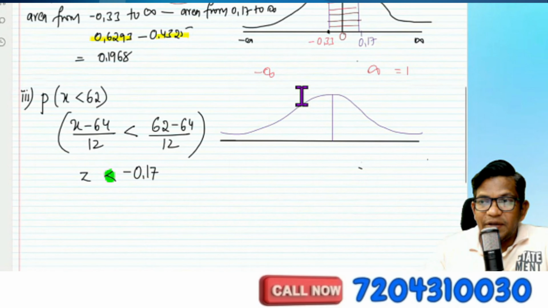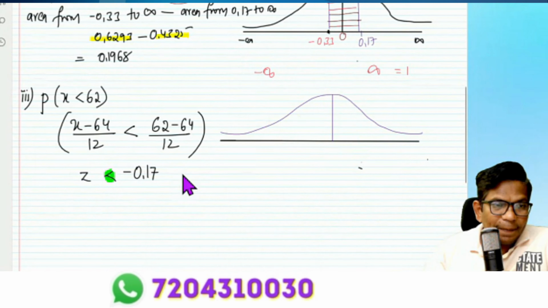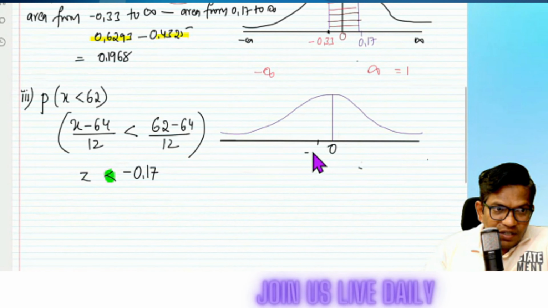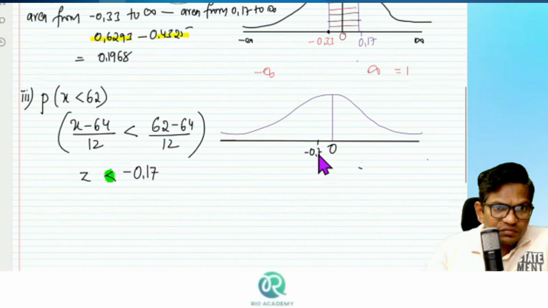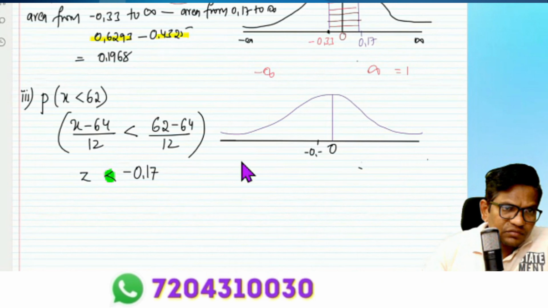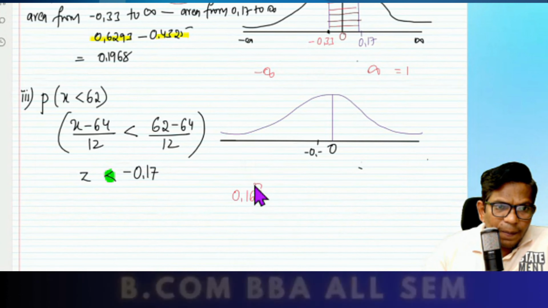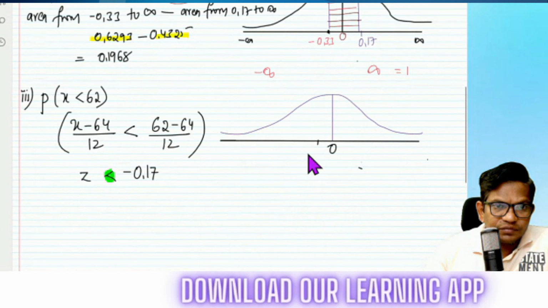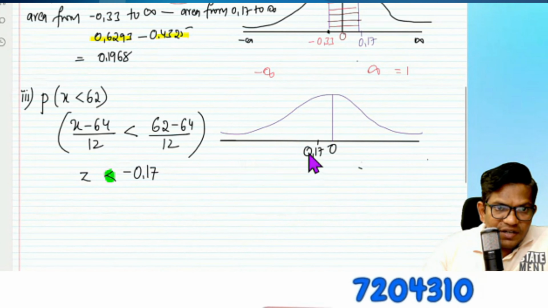Tell me, so it is minus 0.167. Yes, it is minus. So bachcha, this is your 0. Here you get minus 0.17. 17 we get, right? Oh no, sir, 167. No, you get 0.1666, it will come. So round it off. Yes, write 0.17. Okay sir. 0.17 minus, right?